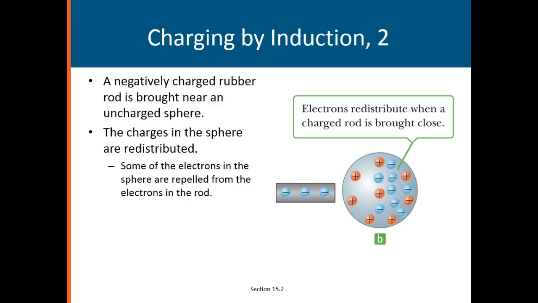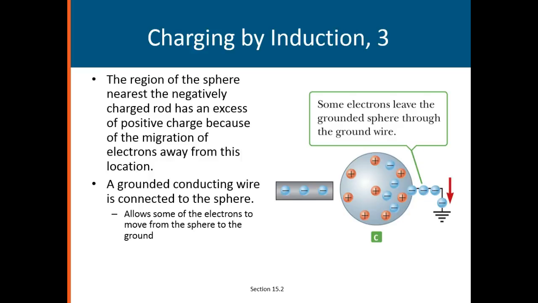But this time, we're charging by induction. We're not going to let them touch. That would be conduction. The region of the sphere nearest the negatively charged rod has an excess of positive charge because of the migration. The negatives went that way. So what if you let this reach ground?